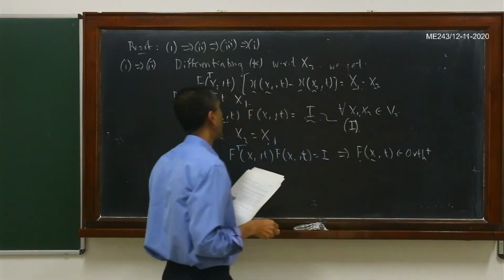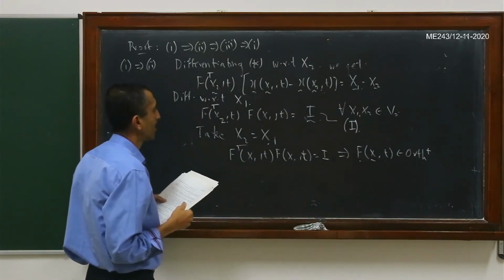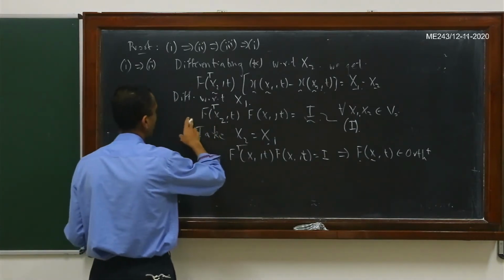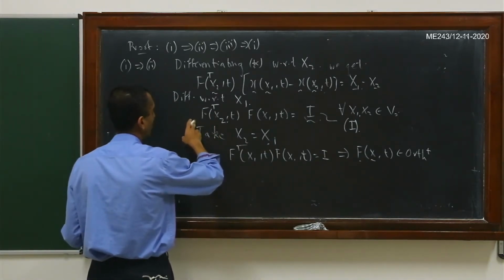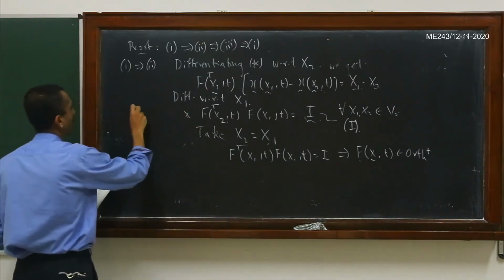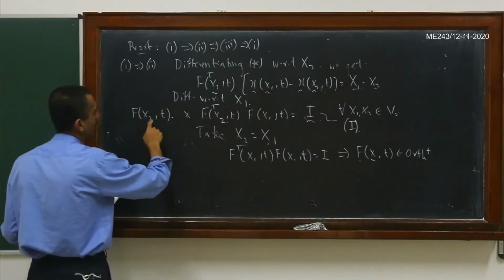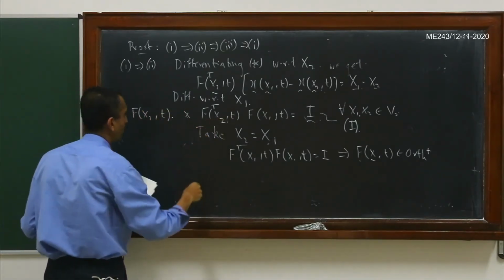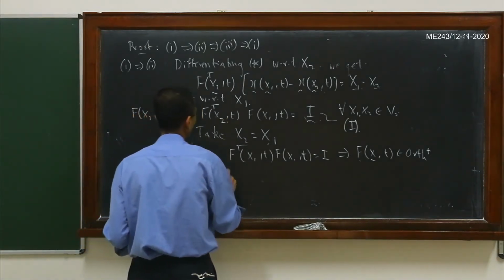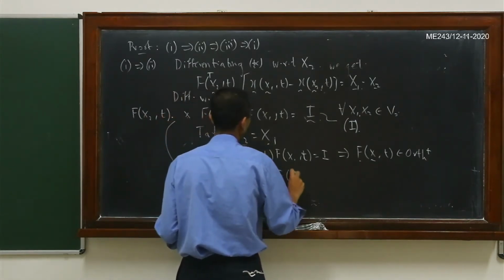If I now multiply 1 from this side by f of x2 comma t, and because it is orthogonal, then f f transpose is identity. So from this relation, what I will get is that f of x1 comma t is equal to f of x2 comma t. Right?